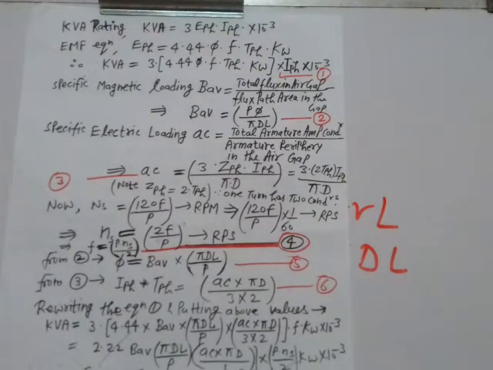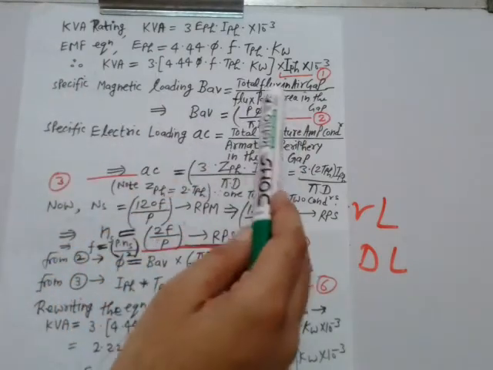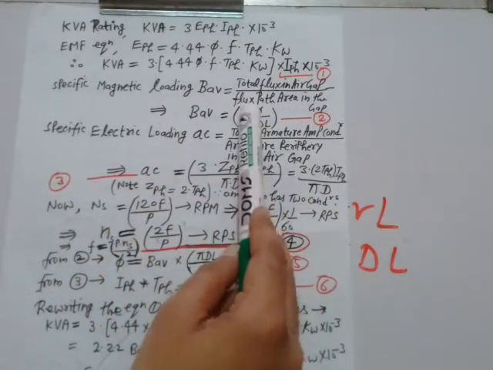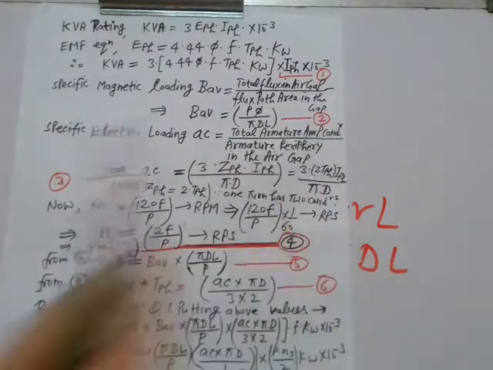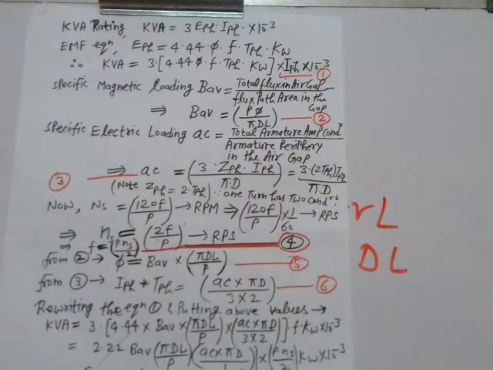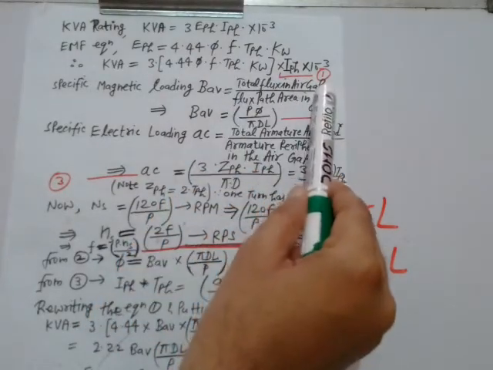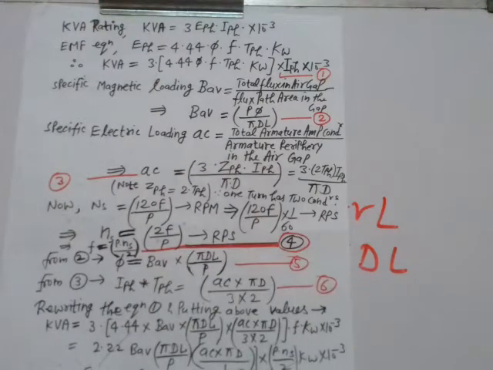Now when I say specific magnetic loading, specific means it's a ratio. Ratio of what? Ratio of total flux in the air gap divided by flux path area in the gap. So in the total periphery of the rotor, how much flux is there in the machine.